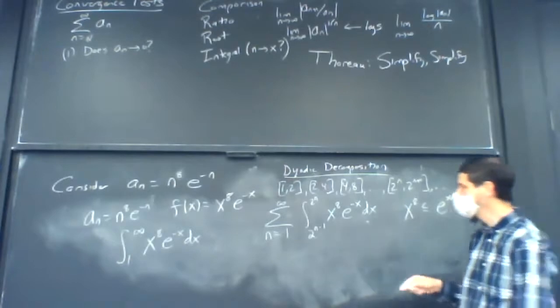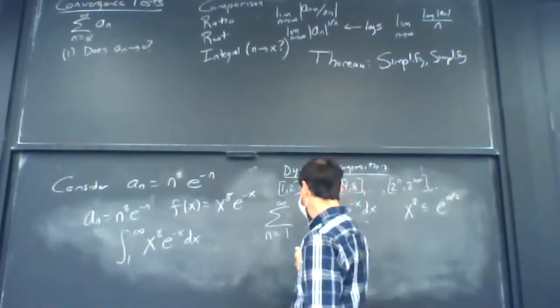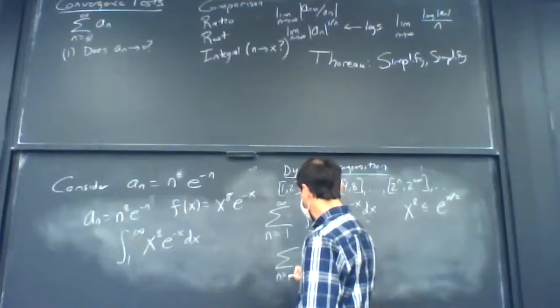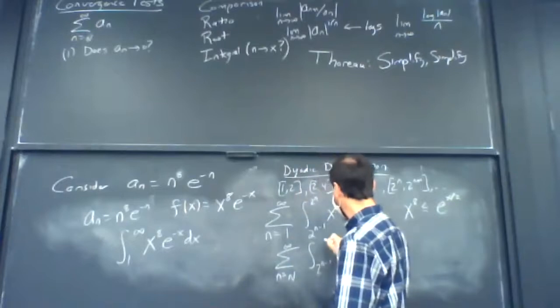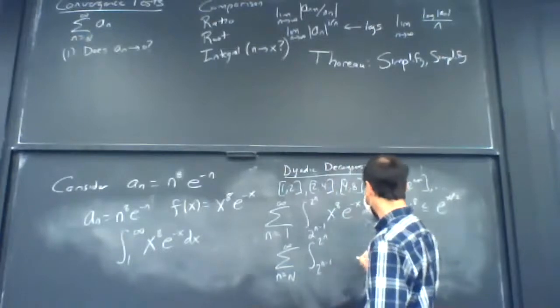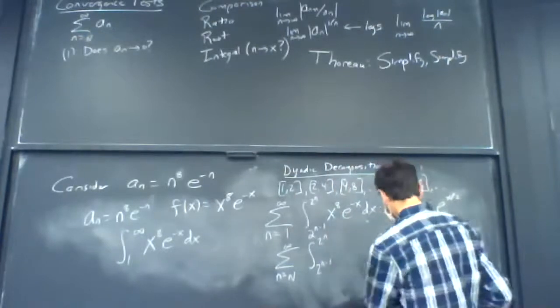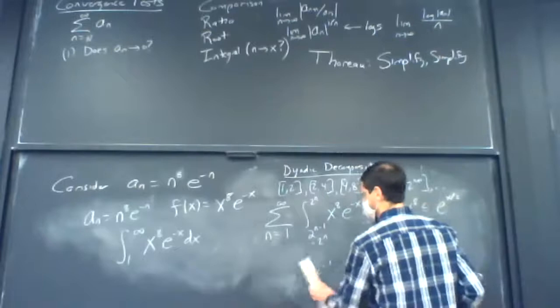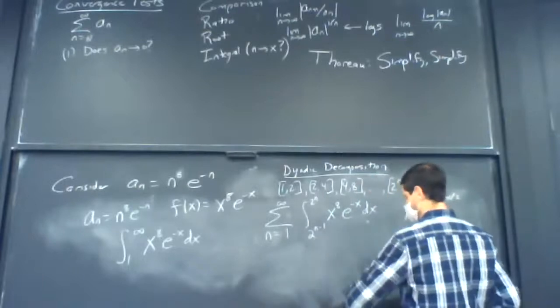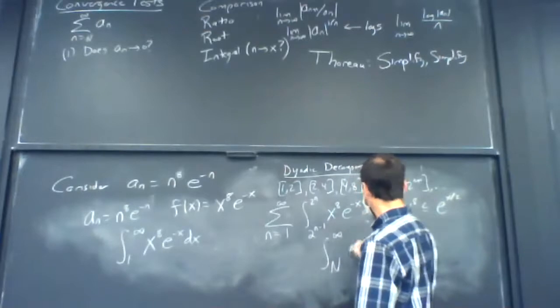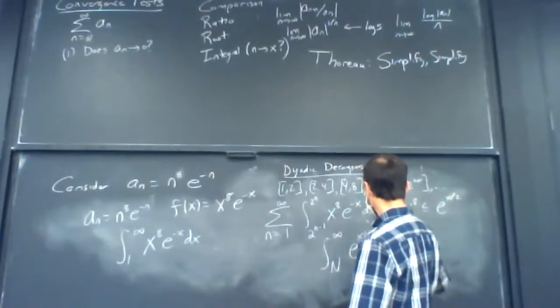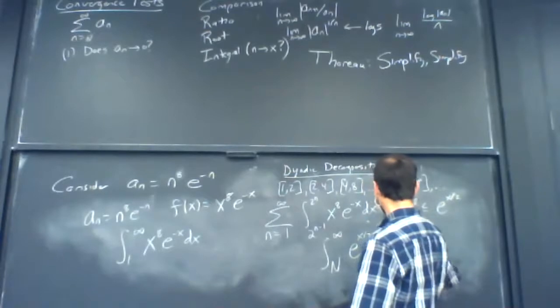So if you're comfortable with that, then we have the sum from some point on with big N to infinity, the integral from 2 to the n minus 1 to 2 to the n. Well, actually, I'll just integrate from some big number n to infinity, e to the x halves, e to the minus x dx.